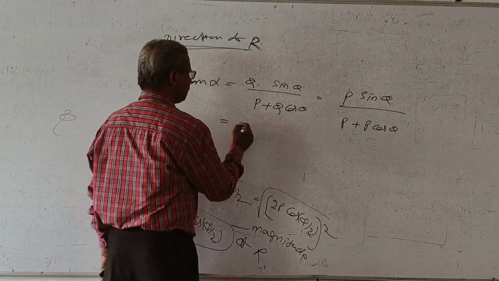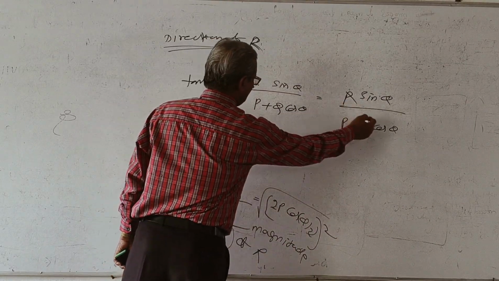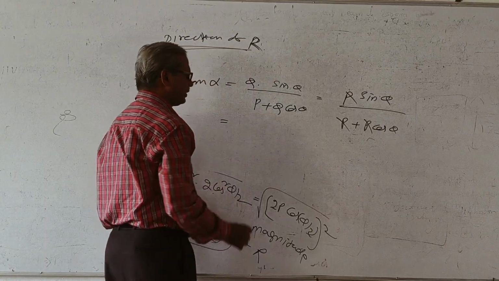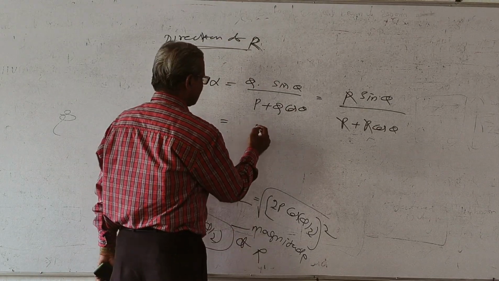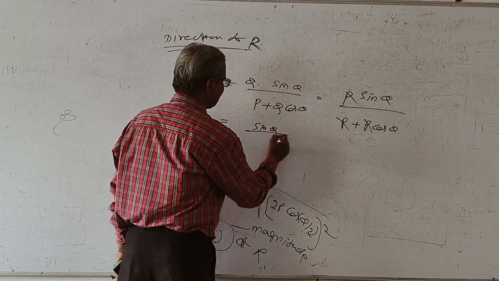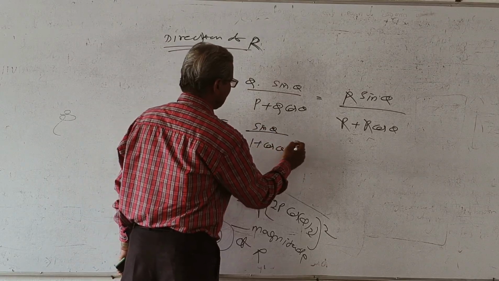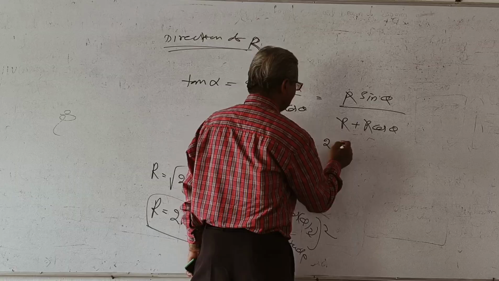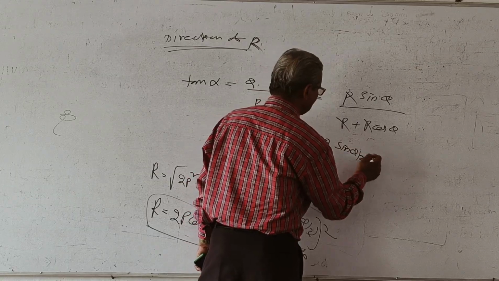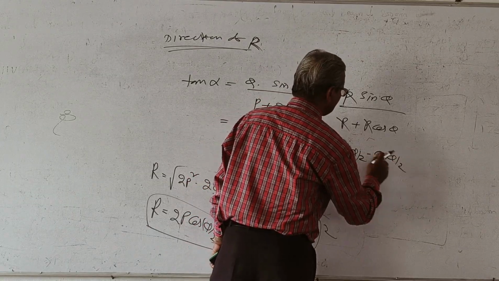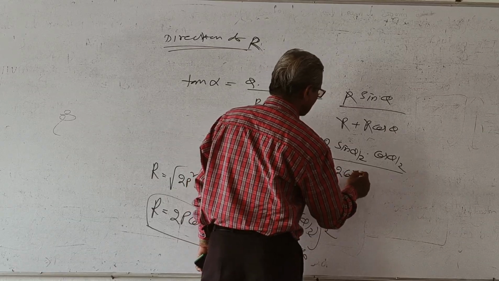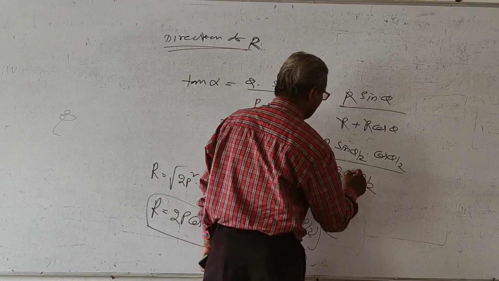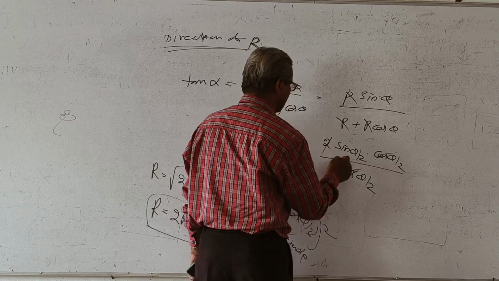Both sides P cancel, so this is equal to sin theta by 1 plus cos theta. What is sin theta? 2 sin theta by 2 cos theta by 2. What is 1 plus cos theta? 2 cos square theta by 2. Cos cancels, 2 cancels.